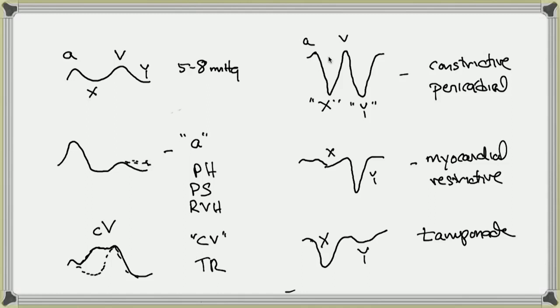So what I've pointed out is the normal right atrial pressure contour, or normal jugular venous pressure, at the upper left. And then we see some of these abnormalities that you have to recognize: big A wave, right ventricular problems; big CV wave, tricuspid regurgitation; rapid X and Y descent, constrictive pericarditis; rapid Y descent, myocardial restrictive disease; rapid X descent with a loss of Y descent is cardiac tamponade.